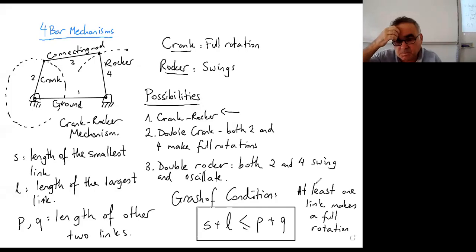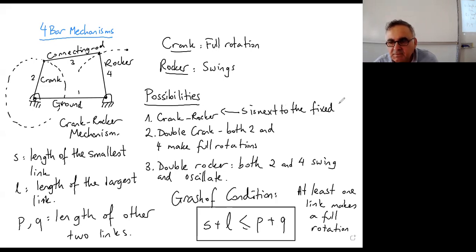So, crank rocker happens as we see just here. S is next to the fixed link. Double crank happens when S is the fixed link.